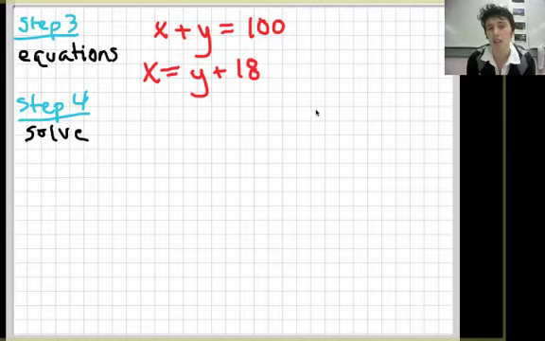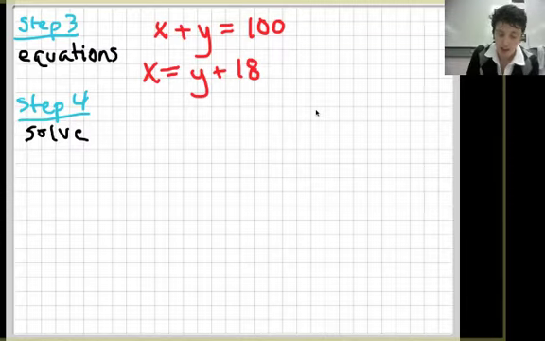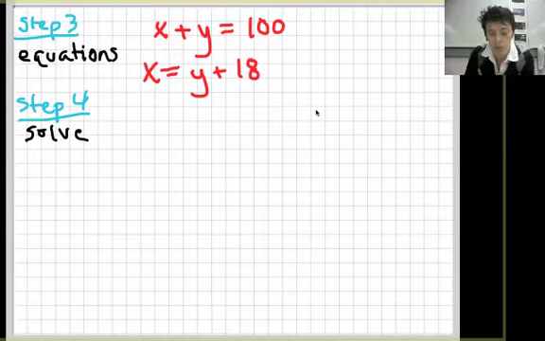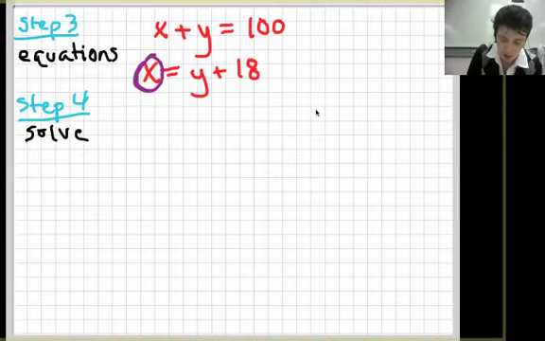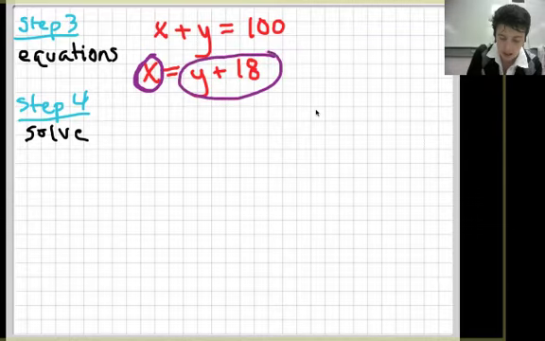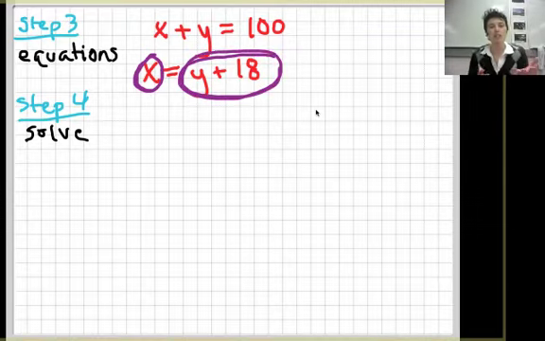Let's start with this. We're going to look at this problem and realize that it's definitely one of these newer problems that we call the bubble method or substitution. We have x all by itself here equals y plus 18. So I'm going to bubble. X is equal to y plus 18.